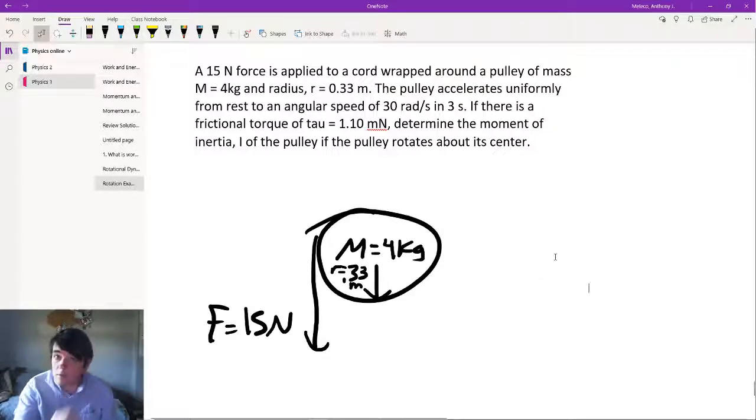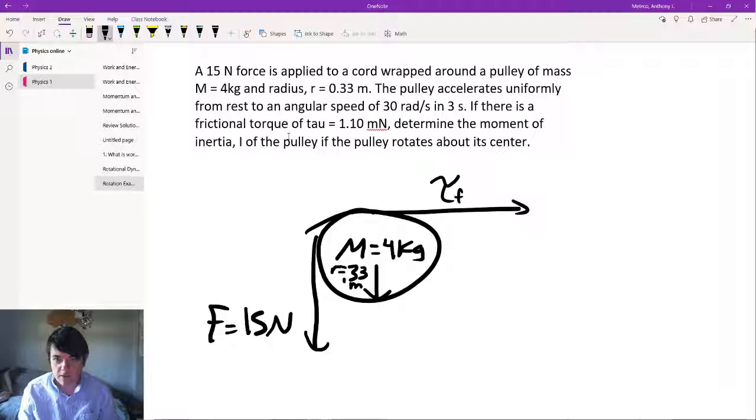And if there is a frictional torque, that would mean a torque in the opposite direction, so our force would be applied in the opposite direction. I'm going to write that as frictional torque.